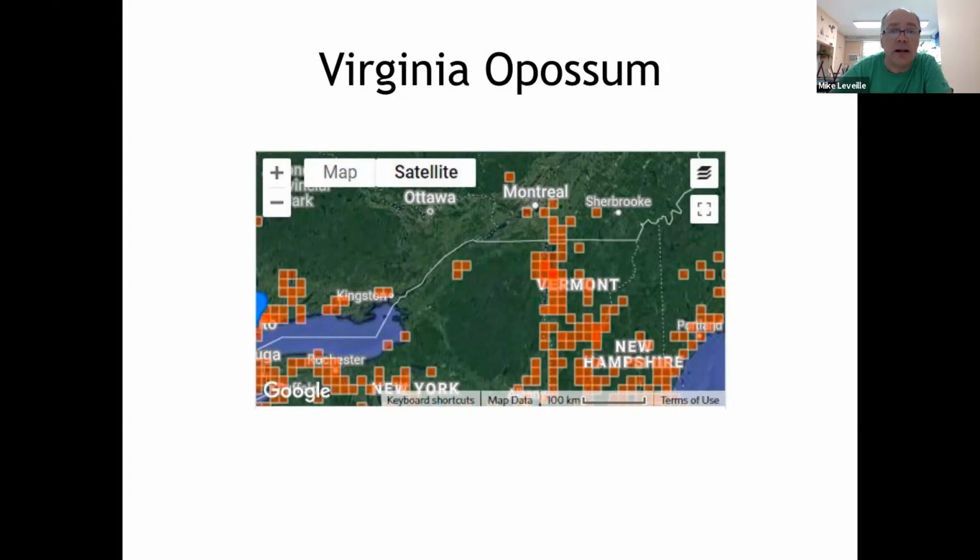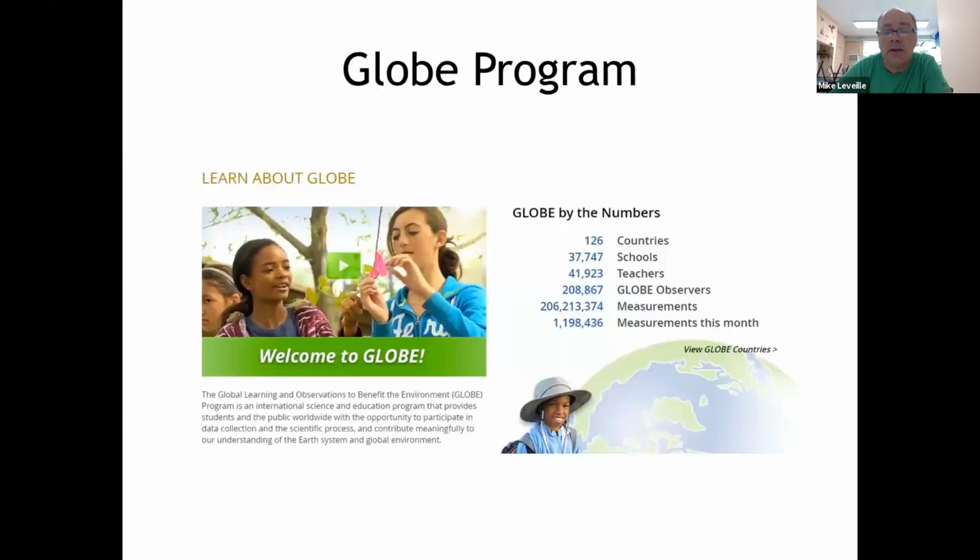One of the things too I'd like to talk to you about, and this is a little bit off of iNaturalist, is something else that you can do that goes well in conjunction with iNaturalist, the GLOBE program. So you take your cell phone, and you would photograph the north, the west, and say the south, and you would put this onto the GLOBE program, and it's linked with NASA, and it connects with some of their satellites that are traveling over us.